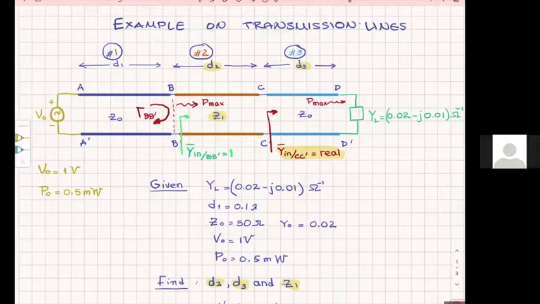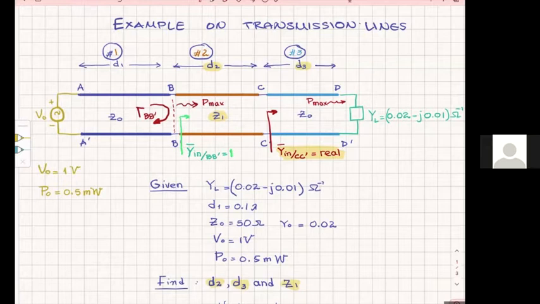Because if you do all of your matching after CC prime, then I don't want Z1 to select a value that is going to create an additional reflection at BB prime. So if by CC prime I have already made my reflection coefficient 0, I will make Z1 equal Z naught. Do you understand that? Okay, that's another possible solution.